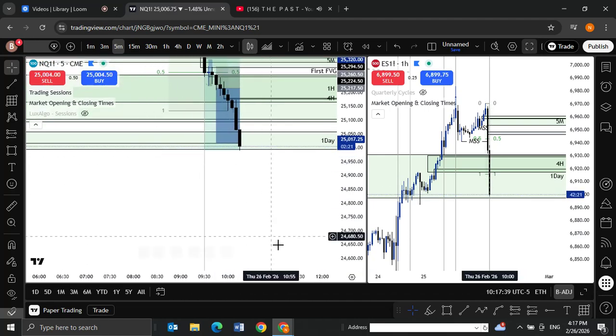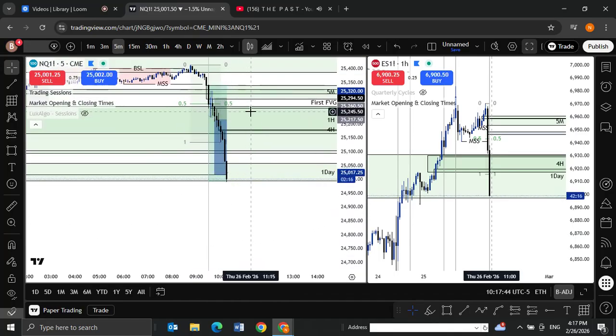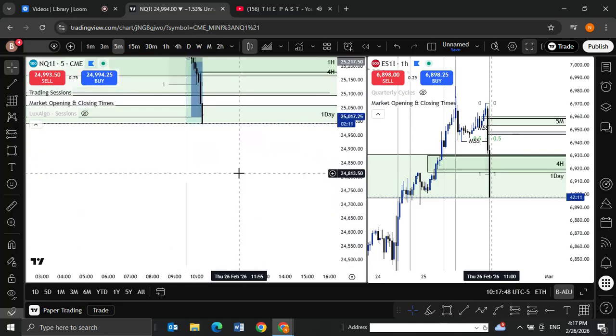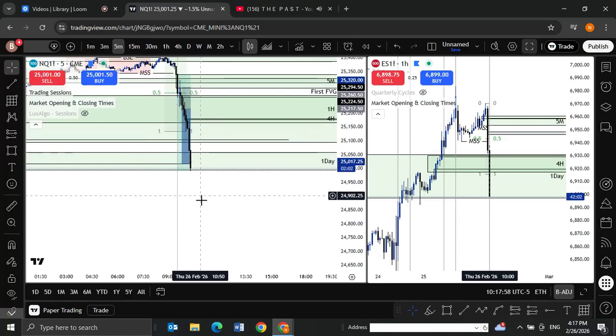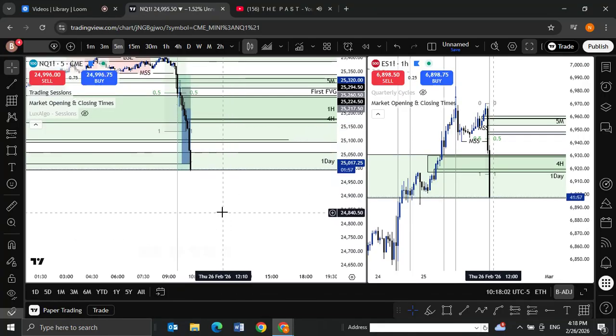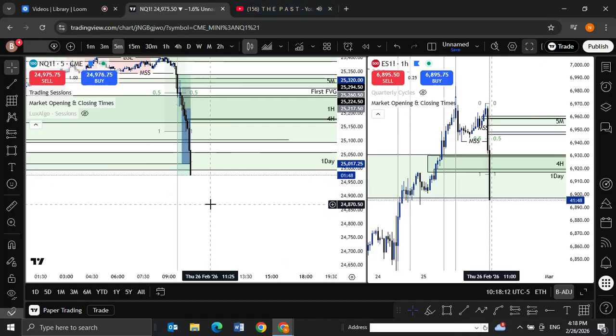In my opinion, what I see for the rest of the day is probably price coming back into the range, or price might close below and keep pushing lower. But I feel like there are so many imbalances that price is more likely to fill them, so we will see some sort of retracement eventually before going lower. But I don't think I want to participate.